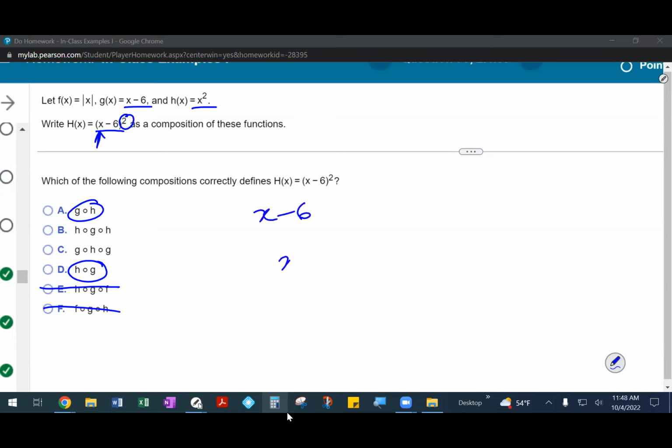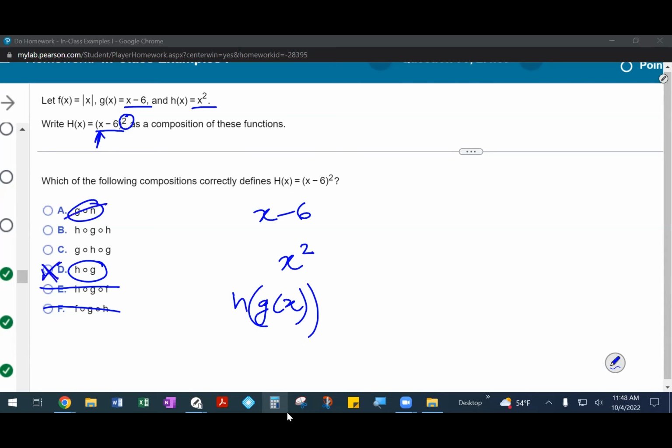So we would subtract first, and then come outside and do the square. Because the g of x function is subtraction first, it goes inside and the square function goes outside.